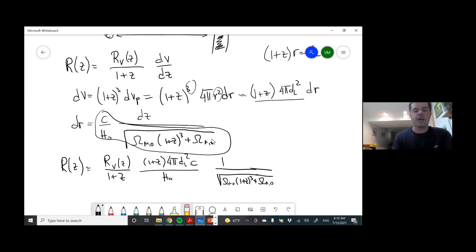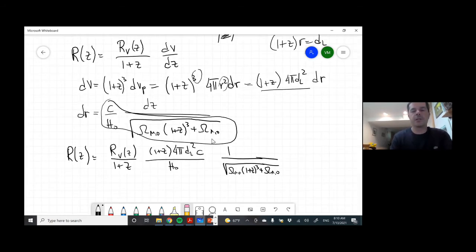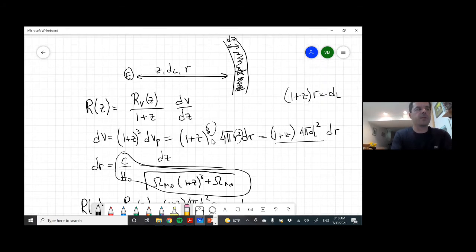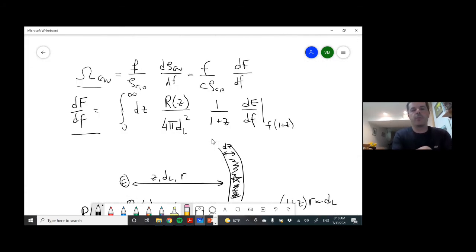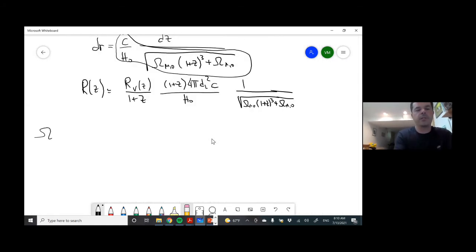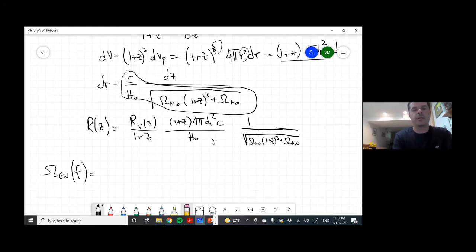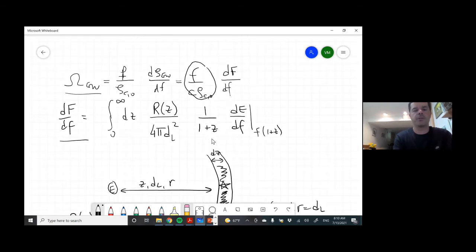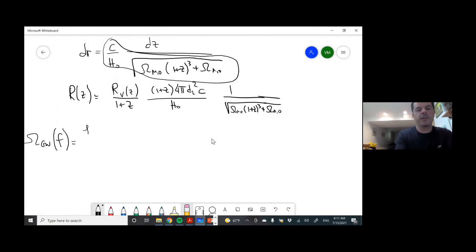Okay, and then we take this expression and plug it into our expression for the flux, and then for the omega GW. So putting all of that together, we have omega GW, which is a function of frequency. We have this prefactor here, f divided by c rho c0.